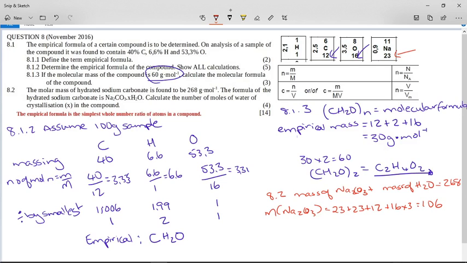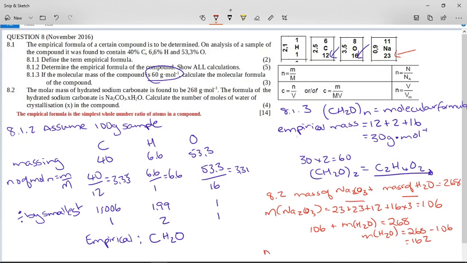If you look back here, the total mass of the compound is the mass of the sodium carbonate plus the mass of the water. So 106 plus the mass of the water is going to give us 268. So the mass of the water is 268 minus 106, and that is going to give us 162. But this is the mass of the water in the compound, and we need to know not the mass but the number of moles.